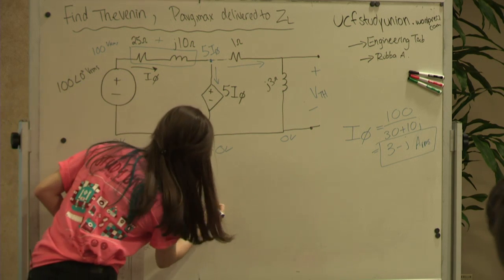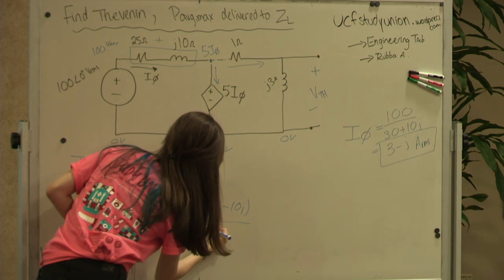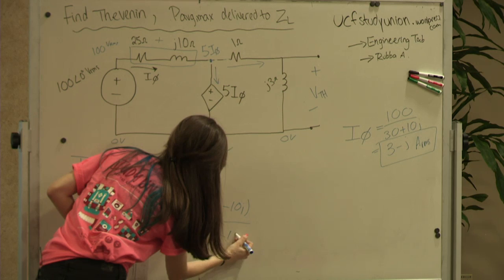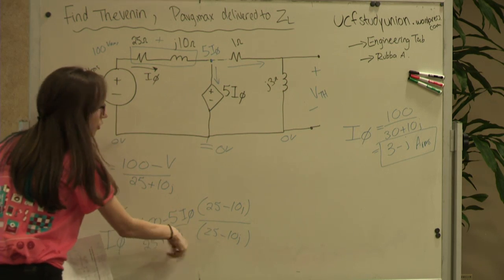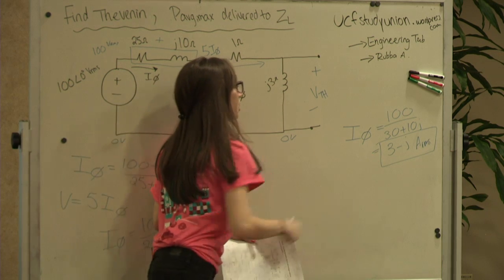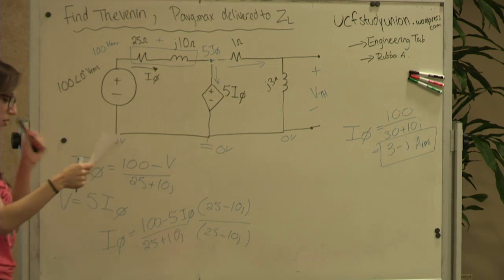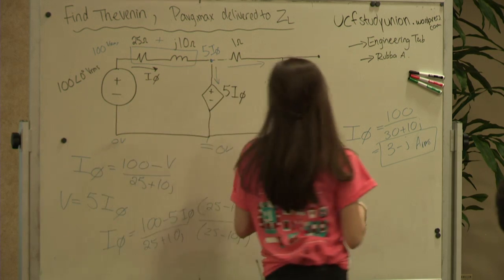So you would just multiply by 25 minus 10J, because this is just basically 1. So you're able to just multiply it out, and then cancel the J in the denominator, and you're able to get to this right here. Okay. Other than that, so we found IO.